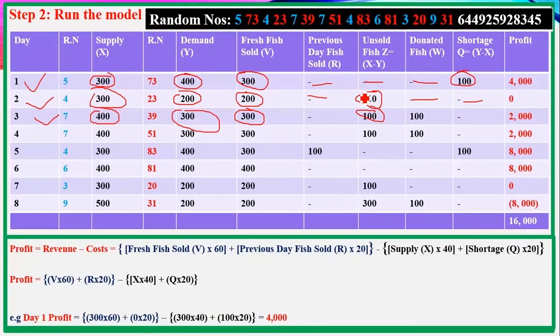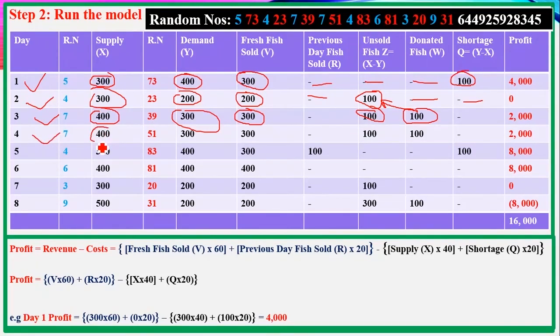The previous day we had 100 again that were not sold. So they were not sold here and they have not been sold the second day. And we were told that if fish is not sold the second day, what happens? They are donated. So the donation here is for fish belonging to the previous day that will not be sold because we have excess.